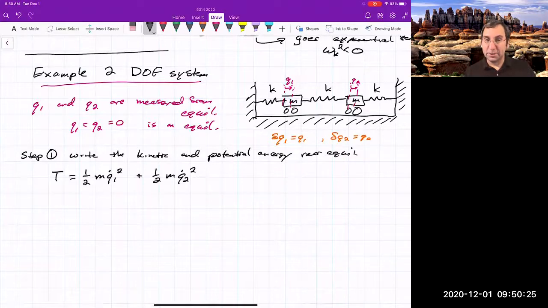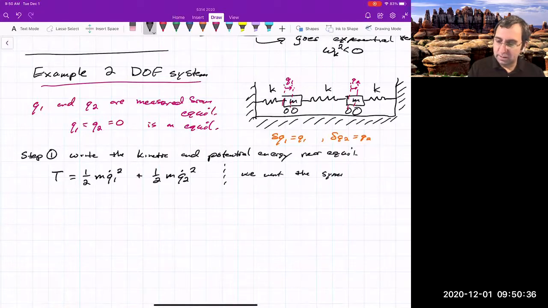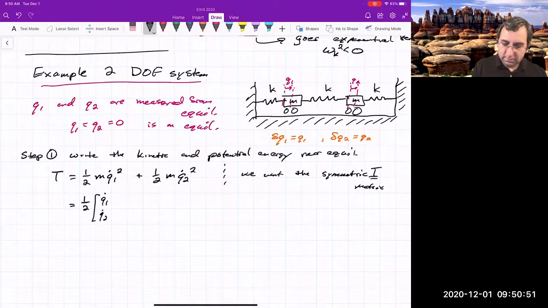And now we want to write this in terms of a matrix, and we want the symmetric T matrix. So we will rewrite this, looking for the appropriate symmetric T that would give rise to this.